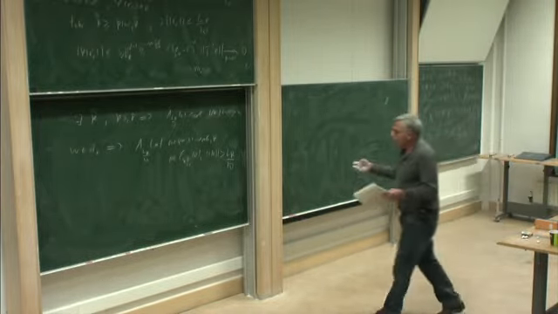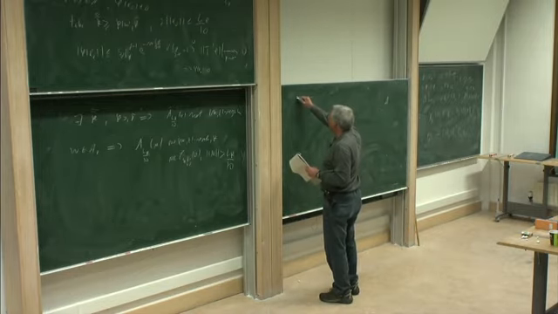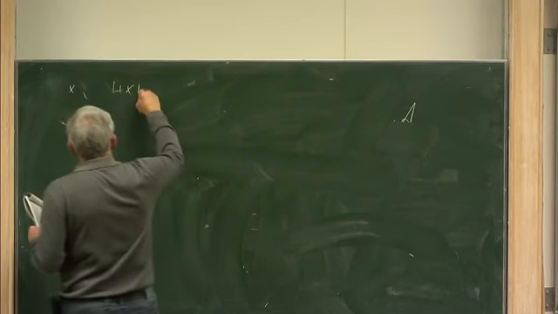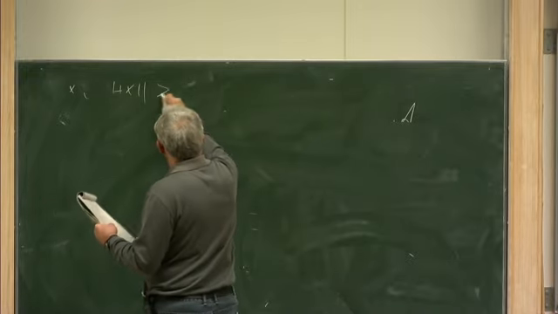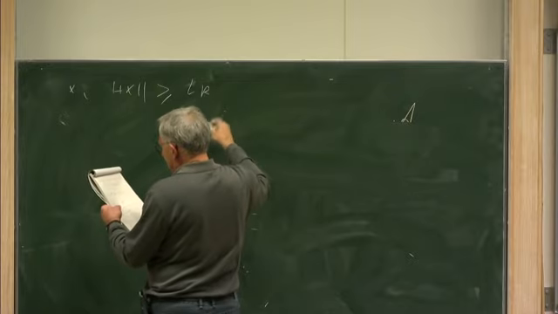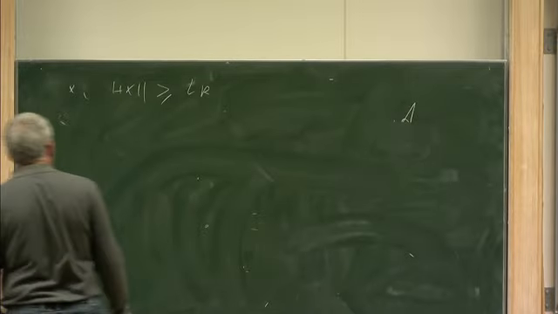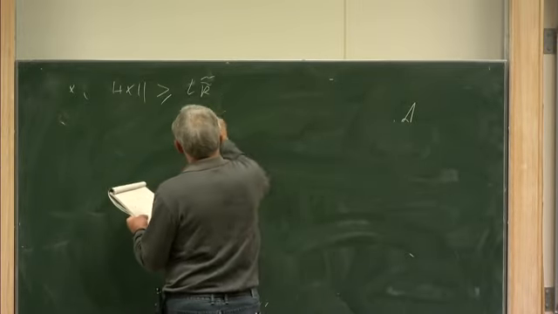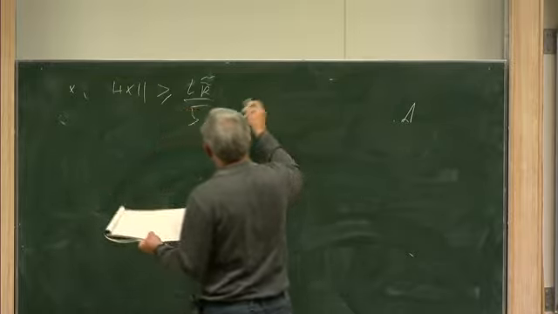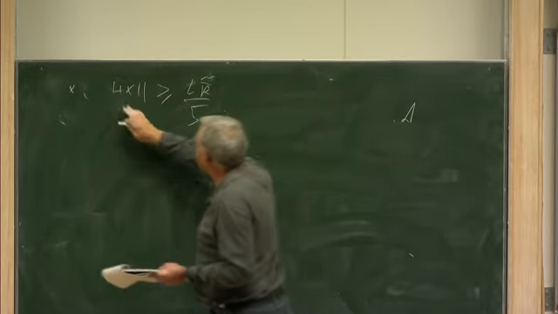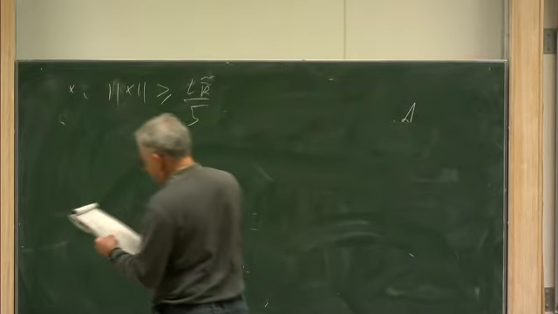So what I do is that I take a point x, and I'll take |x| to be bigger than L_k double tilde divided by 5, which depends on omega, depends on my eigenfunction, so not right.